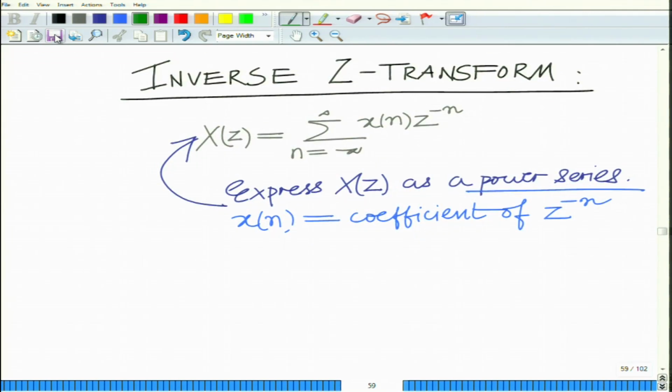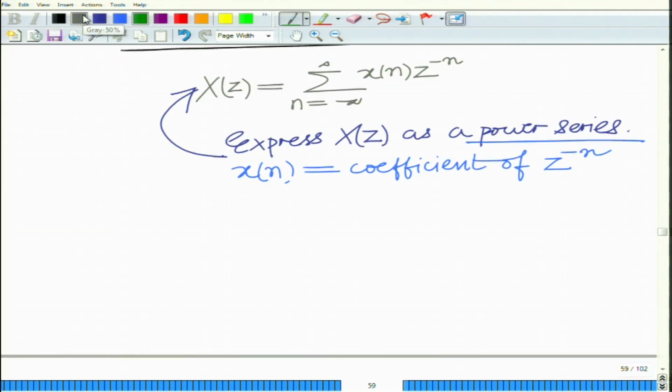Now, let us look at another technique. We can call the first one the power series technique. This other technique is the partial fraction expansion.